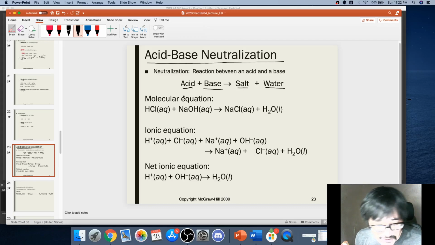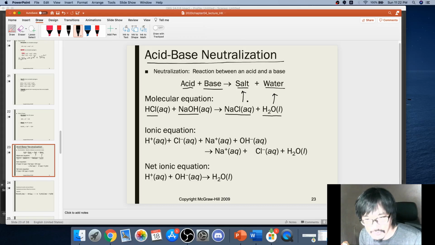I'm going to get into that one later. So the HCl, that's a strong acid, and the NaOH, the strong base, react to produce NaCl and H2O. So the water is the H2O, and then the salt in this case is the NaCl. By the way, salt doesn't have to be the table salt.